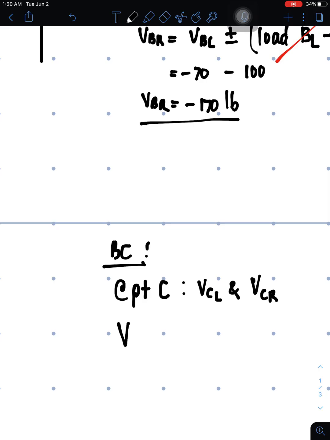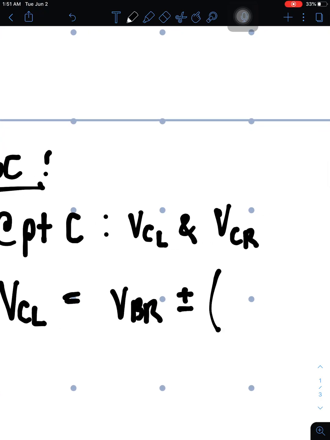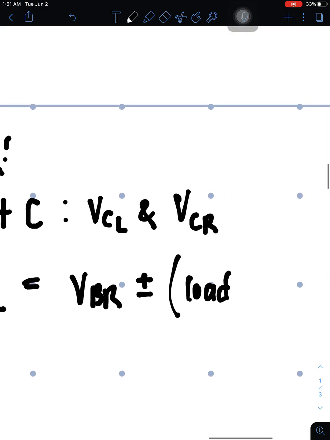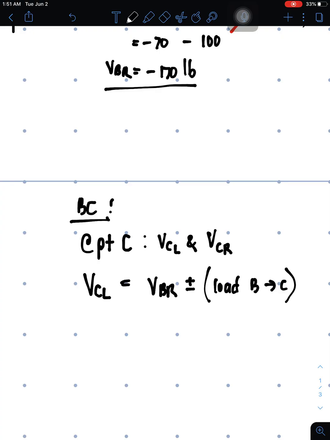So solving first the shear left of C, we copy the previous value, and that's VBR, then plus or minus the load from B to C, so that you won't be confused.